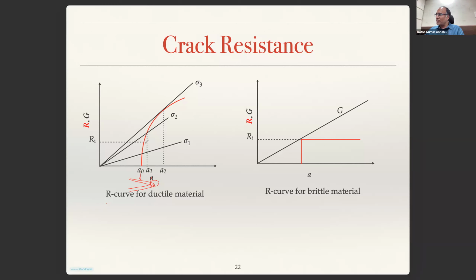That means if the slope of the red curve is greater than the slope of these lines for different sigmas, then the crack will not propagate. Otherwise, the crack will propagate, in an unstable manner.